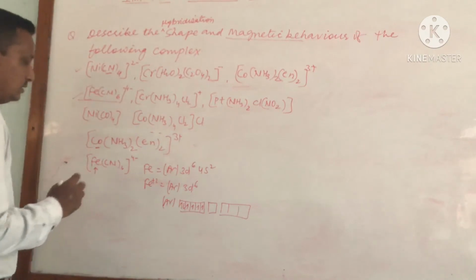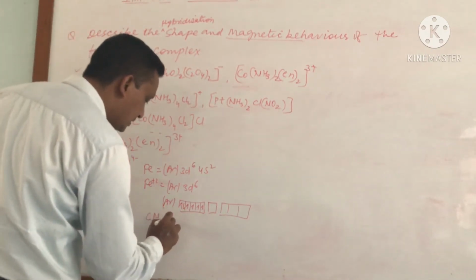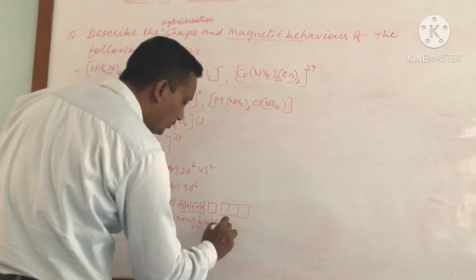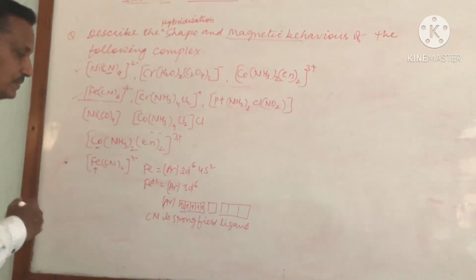Then we know that CN is a strong field ligand, therefore it will pair up the electrons.